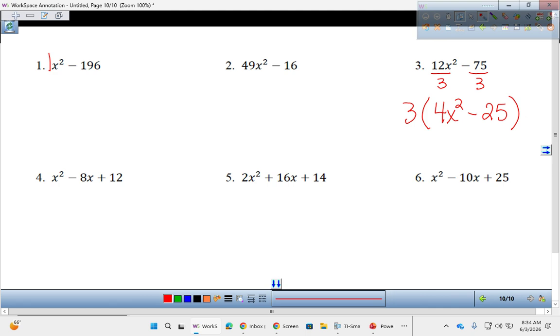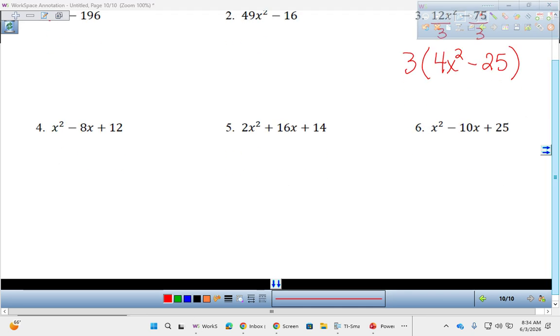We already said number 4 was a equals 1, and number 6 was a equals 1. Let's see if number 5 has a GCF. We said it's usually 2 terms, but it could be 3, right? So if I were to check the GCF between this one, is there a variable GCF? Do they all have an x? No. But I could see if there's a GCF between the numbers. The way that you do that is you're going to math arrow to the right 9, the first 2 numbers. You can only do this 2 at a time.